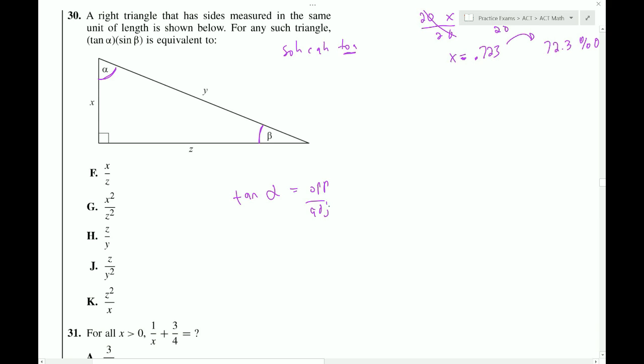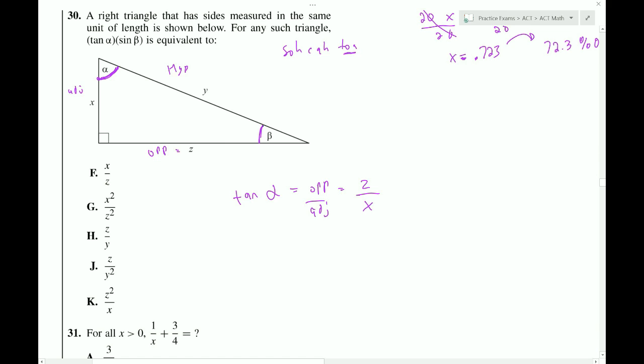We have to use alpha's perspective here and find the opposite side. Notice how alpha touches two sides, so the opposite side would be away from that. That's z. The adjacent side is the one that's not the hypotenuse, so this is the hypotenuse, and this would be the adjacent side, x. That's from the perspective of angle alpha.